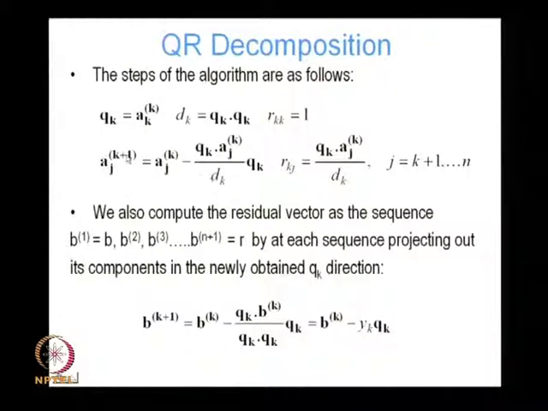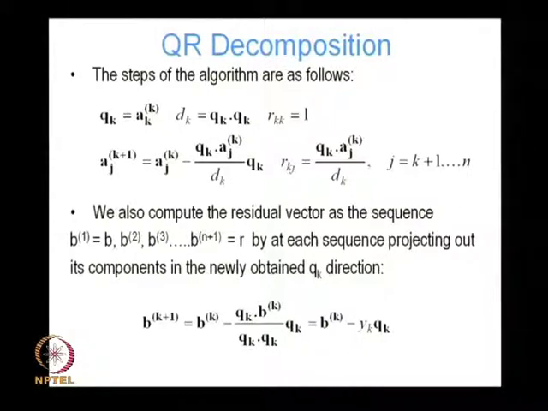This makes sure that all my remaining column vectors after my kth vector are orthogonal to all the previous qk vectors that have been formed until now.